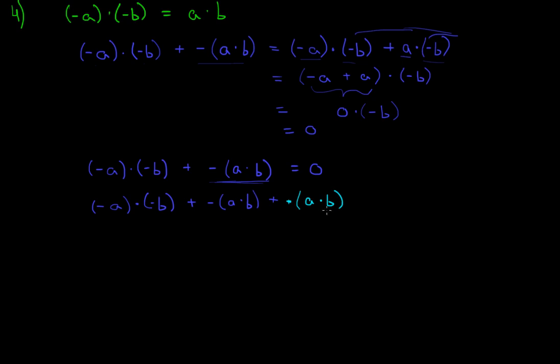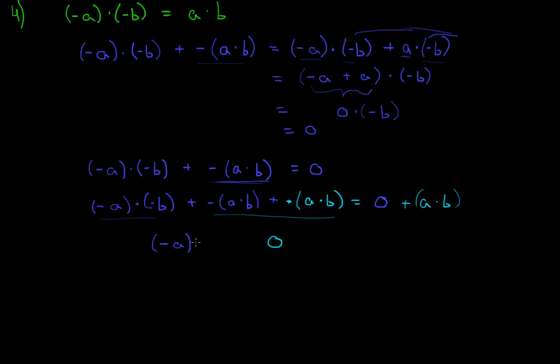These are additive inverses of each other, is equal to 0. That's this 0 right here, plus a times b. I guess I'll put that in parentheses since I put this one in parentheses. So we just said that these are additive inverses of each other. So this is just 0. And this one stays the same. We haven't done anything with that.